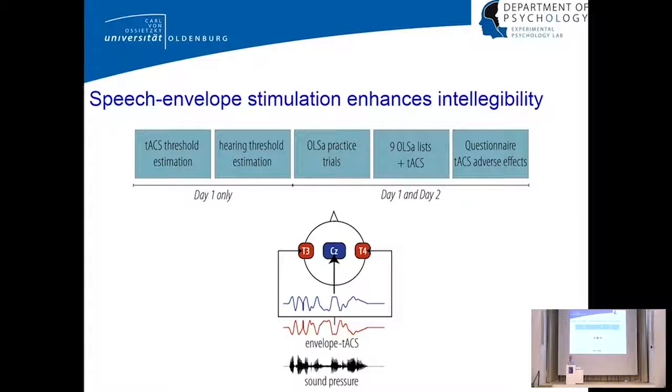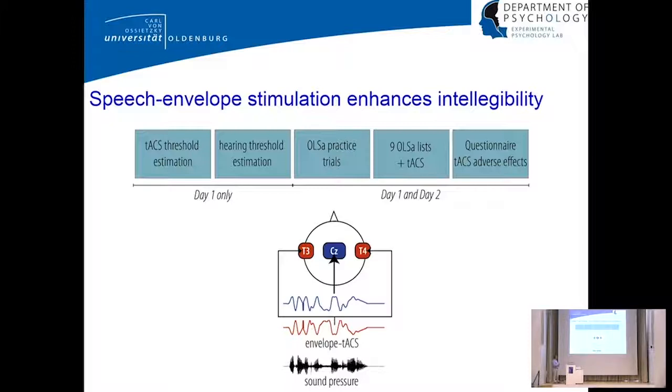If they were full, that was quite unpleasant. If they were empty, you would still feel that, and this is what tACS feels like if it's too intense. So we stay below that threshold, and also if you apply it over the back of the head, you can induce phosphenes.